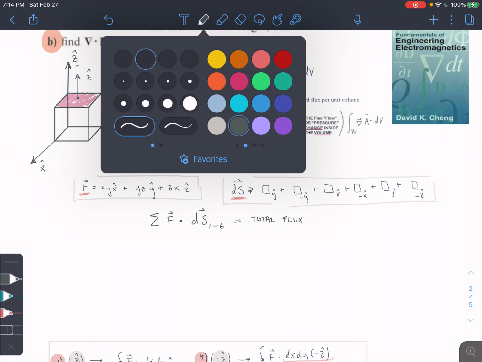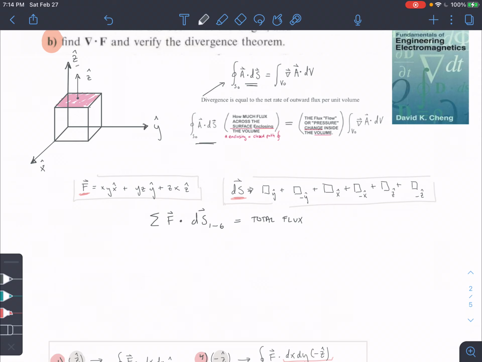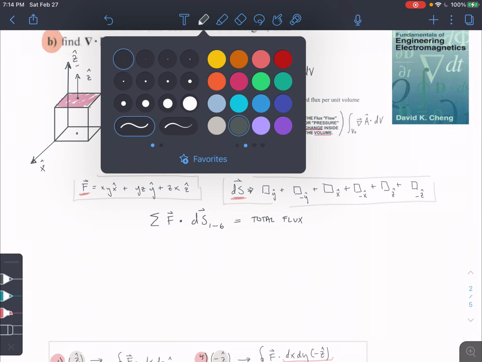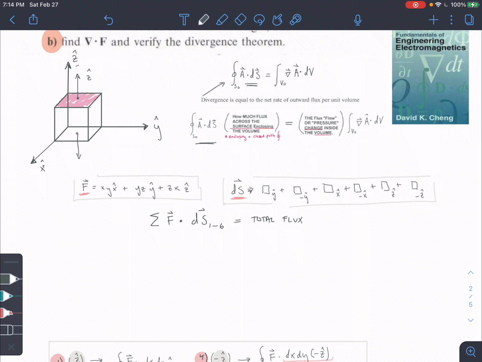Okay, so let's look at them one by one here. For our top, let's look at just this first side, the differential surface for z hat. For all of the sides, we're going to use the labels with the vector directions. So we're going to have a differential surface at z hat, and a differential surface at negative z hat, because these are the vectors normal to, so perpendicular to, the surface, coming out of the volume.